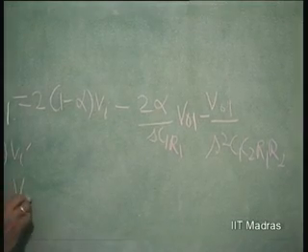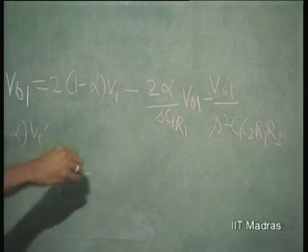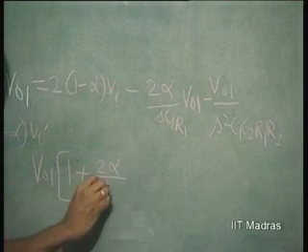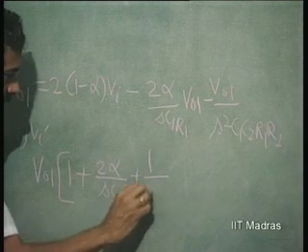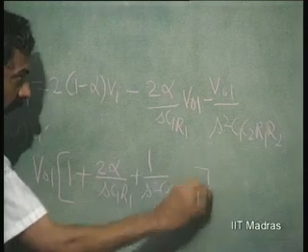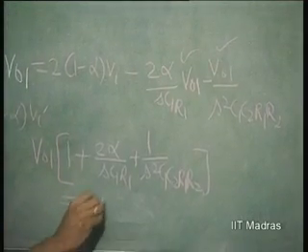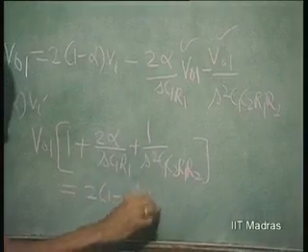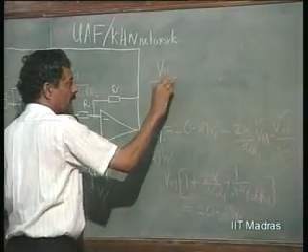So, V naught 1 into 1 plus 2 alpha by S C 1 R 1 plus 1 by S squared C 1 C 2 R 1 R 2. This is equal to 2 into 1 minus alpha times V I, or V naught 1 over V I, which is called the transfer function at this time.